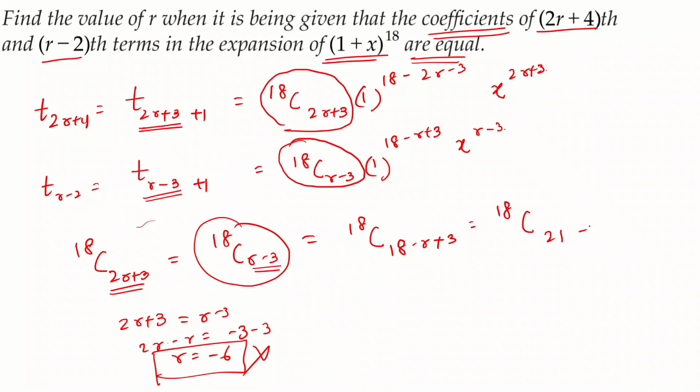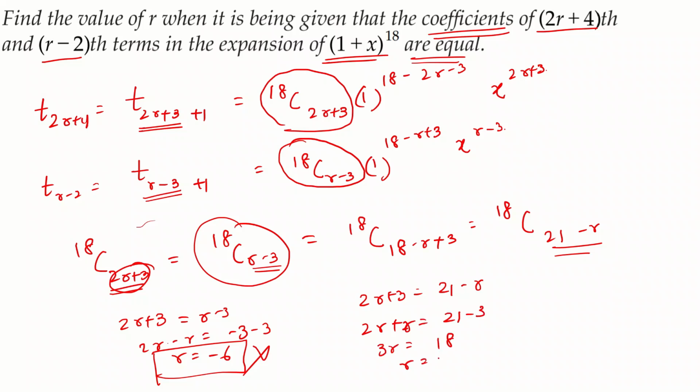So it is 18C(21-r), and now we can equate these two. 2r+3 is equal to 21-r. So r comes here, 2r+r is equal to 21-3. 3r is equal to 18 and r is equal to 6. So r is equal to 6 is our required value.